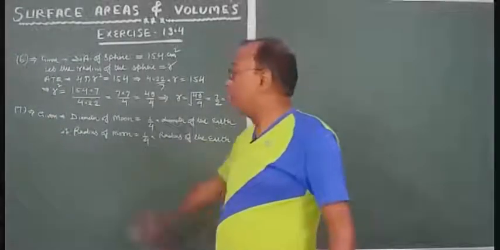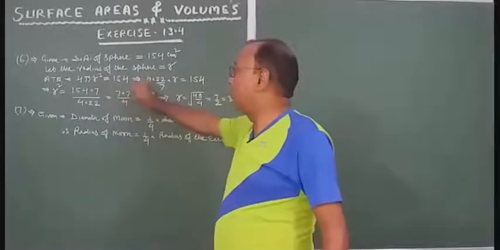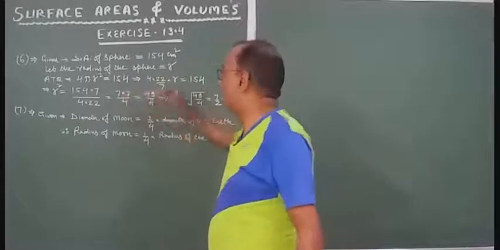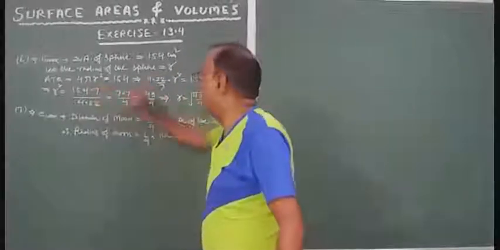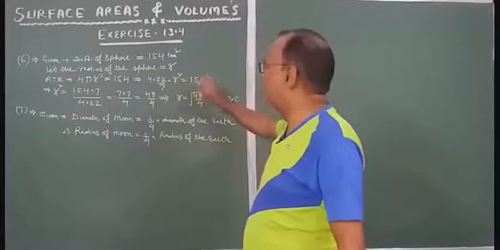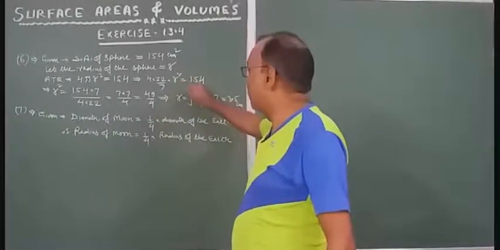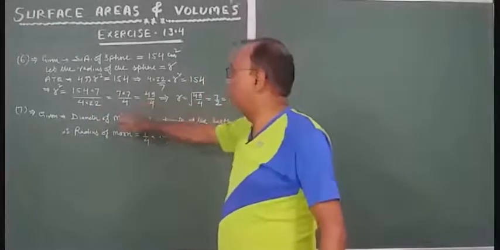It means 4 pi r square is 154. Just put the values: pi is 22 upon 7. So 4 into 22 upon 7 into r square will be 154. Therefore, r square will be 154 and 7 multiplied, and divided by 4 into 22.